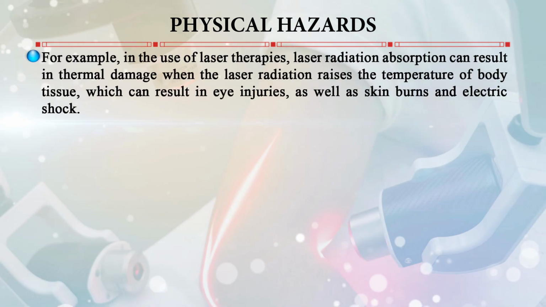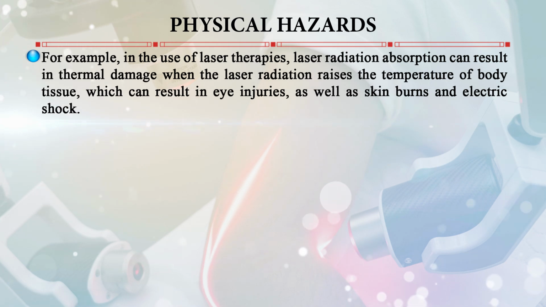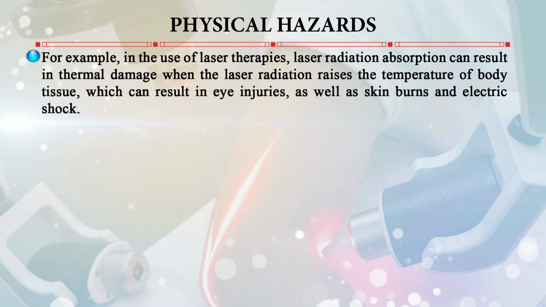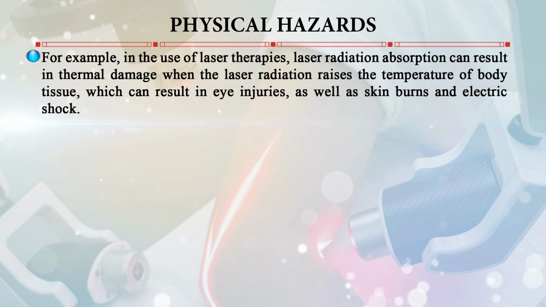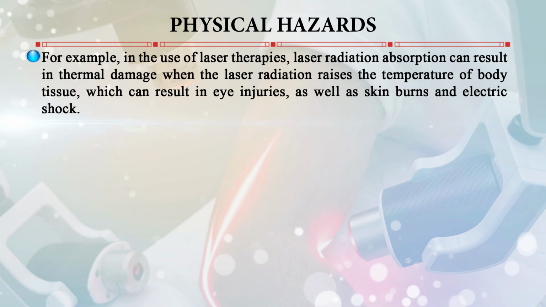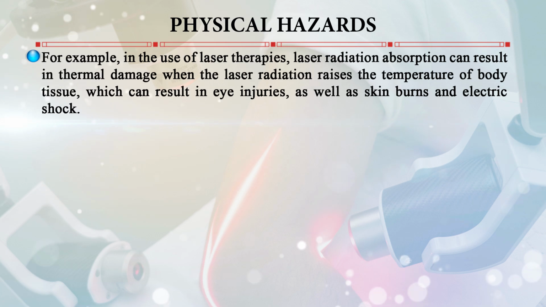For example, in laser therapies used in treatment, laser radiation absorption results in thermal damage when the radiation raises the temperature of body tissue. Obviously that can result in eye injury, skin burns and also electric shock.